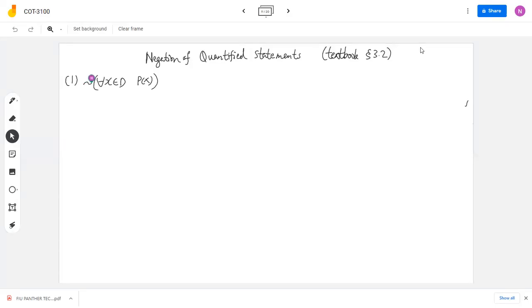What is the negation of such a statement? It's not hard to see that the negation of this quantified statement is there exists an x in D such that not P(x). Okay, let me show you an example.